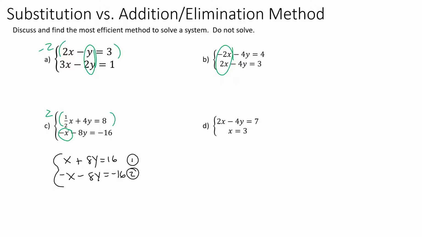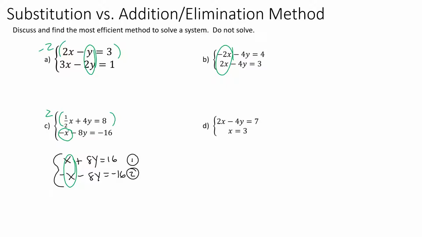And then you'll notice that the x's cancel out. So at first glance, this looks like substitution would be good because of the -1 coefficient on the x. However, the addition and elimination method would probably be most efficient there.